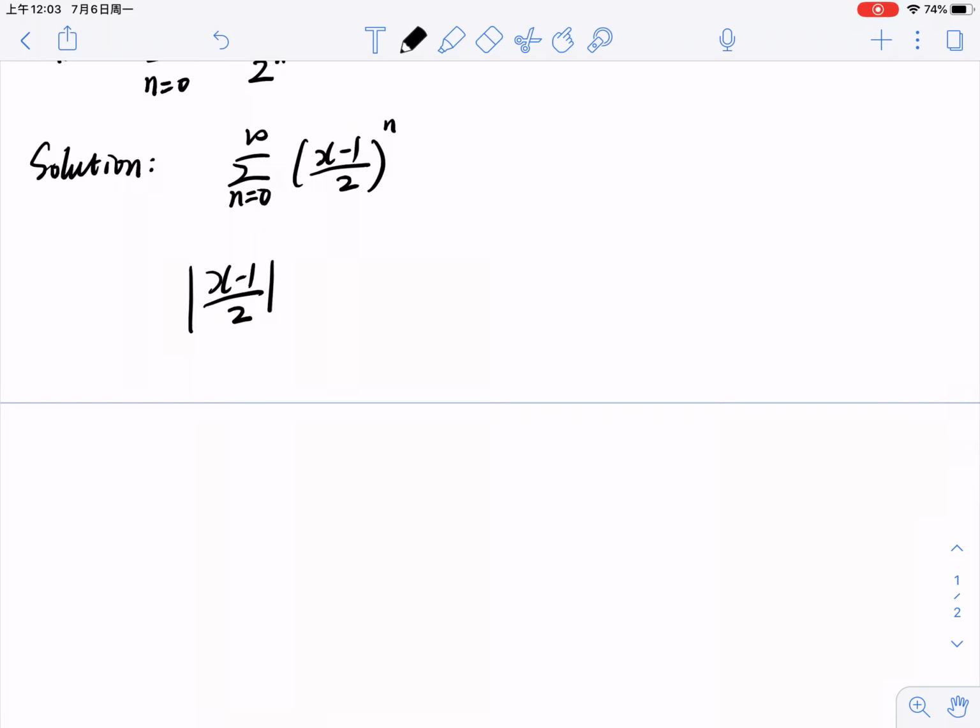So if this absolute value is less than 1, that is, the absolute value of x minus 1 is less than 2, then x minus 1 is less than 2 and greater than negative 2. So we have x less than 3 and greater than negative 1.